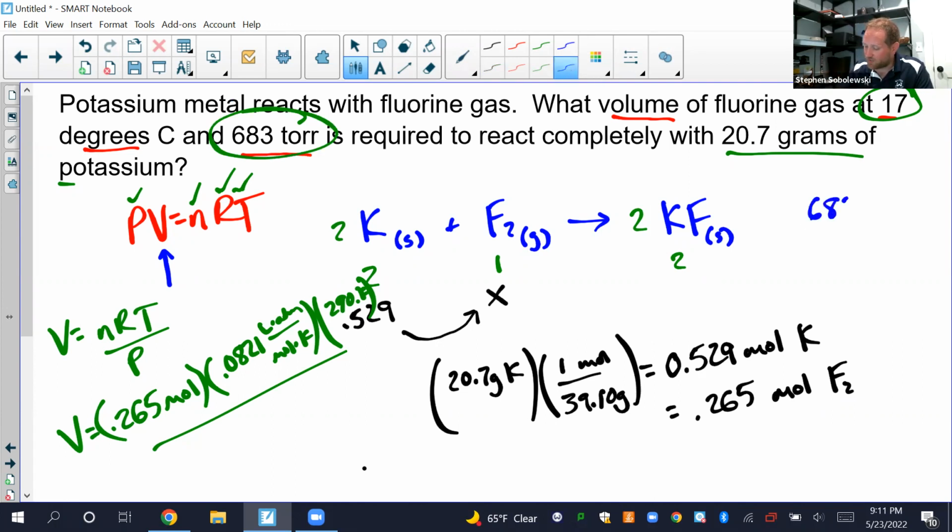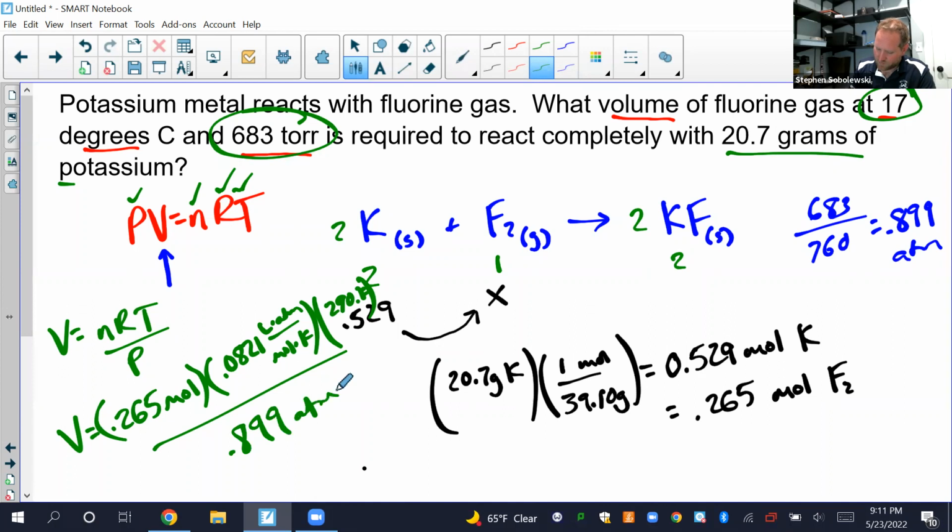So 683 divided by 760 gives us 0.899 atm. And that goes down here. Okay. Let's see. Mole cancels mole.